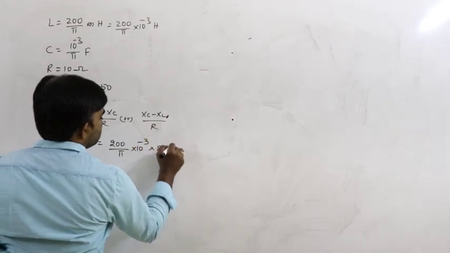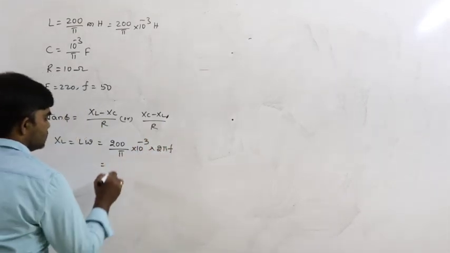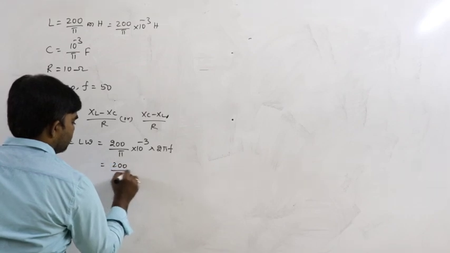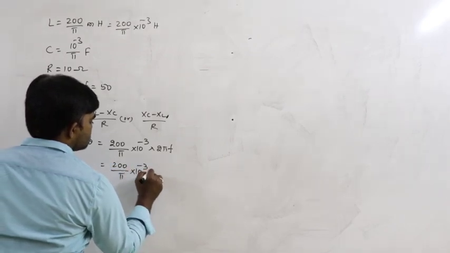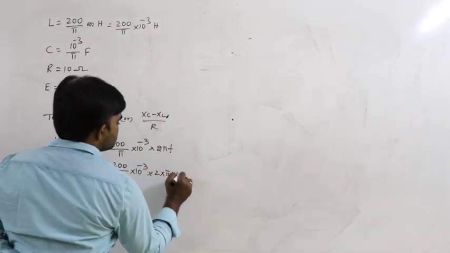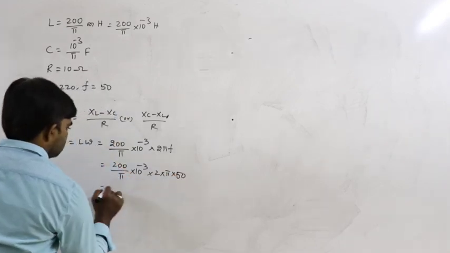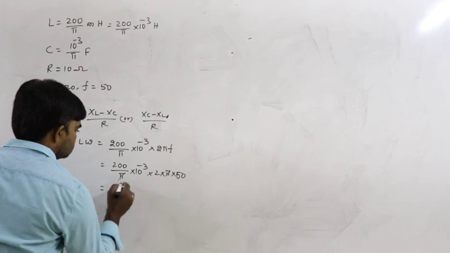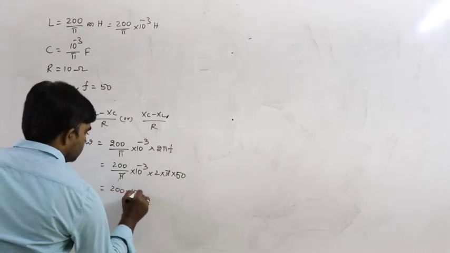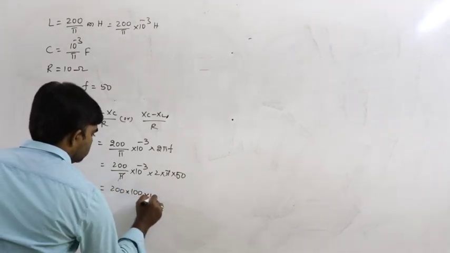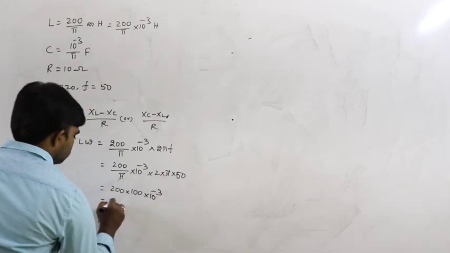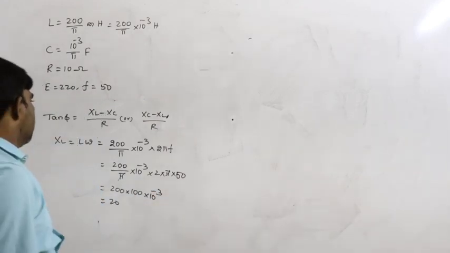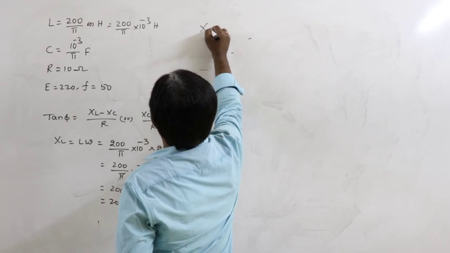Omega can be written as 2 pi f. So that is 200 by pi into 10 to the power of minus 3, into 2 into pi into f, which is 50, so 100. The pi gets cancelled. 200 into 100 into 10 to the power of minus 3. So it is 20.